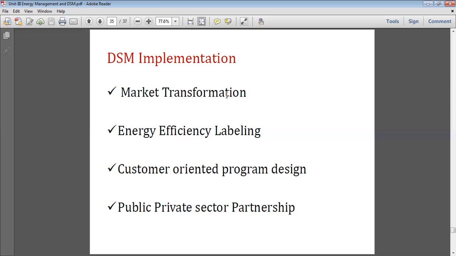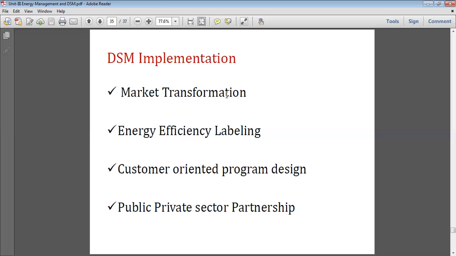Similarly, because of the energy crisis, consumers are interested in purchasing electrical gadgets or machineries which are more efficient, and we look at the star rating. Either the machine is 2-star rating, 3-star rating, or 5-star rating.